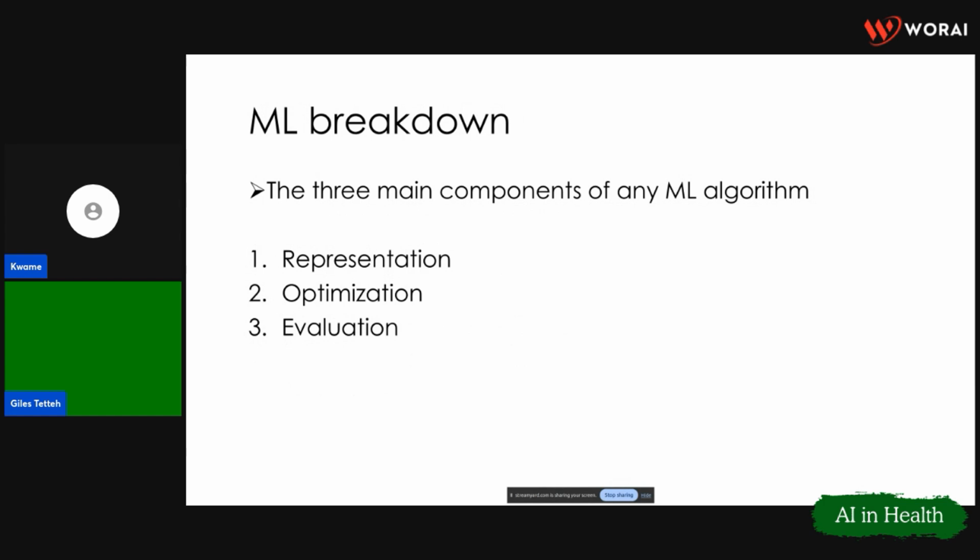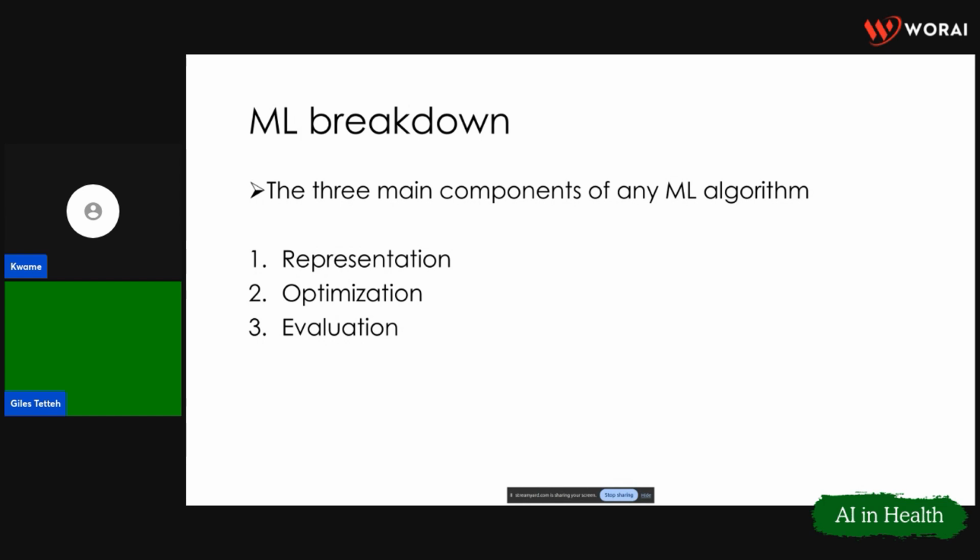And then we can also break down machine learning algorithms into three main components, right? We have what we call representation, which talks about how we strategize the learning process. What do we want to learn? What are the goals of the learning process? So that is the representation.